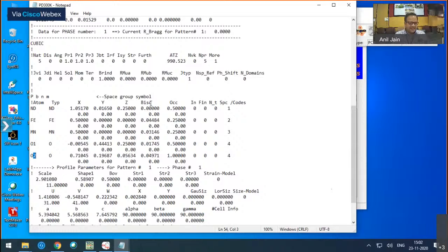As you can see here, the occupancy for neodymium is 0.5 because the multiplicity of the site where neodymium goes is 4 and the general site multiplicity is 8 for this space group.